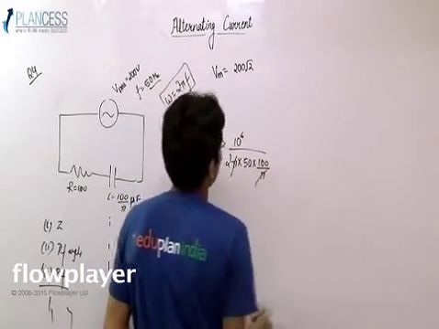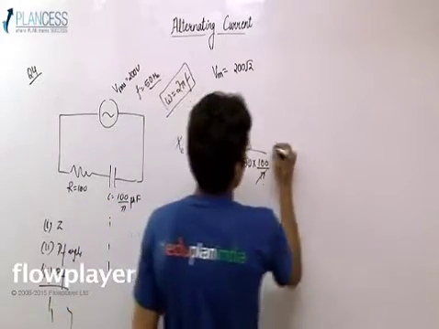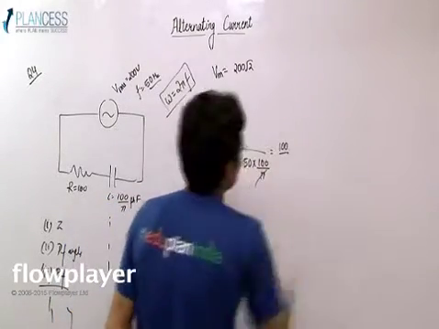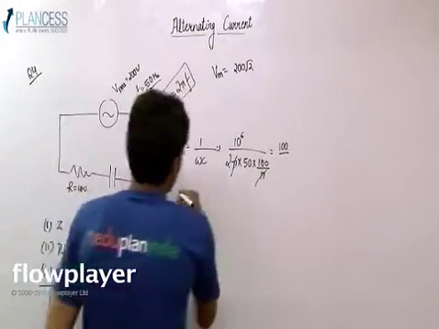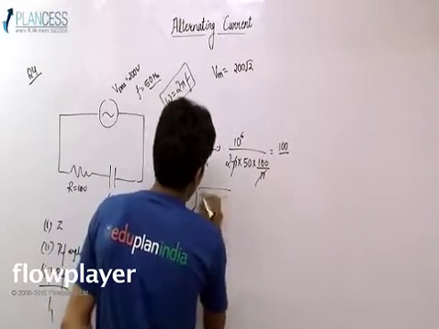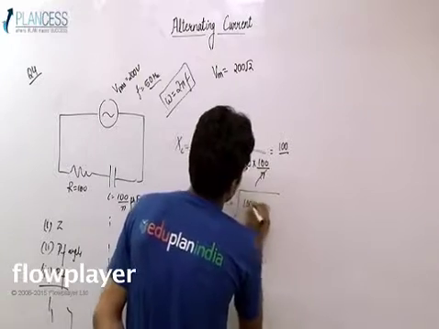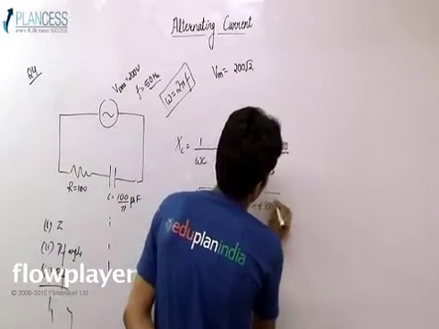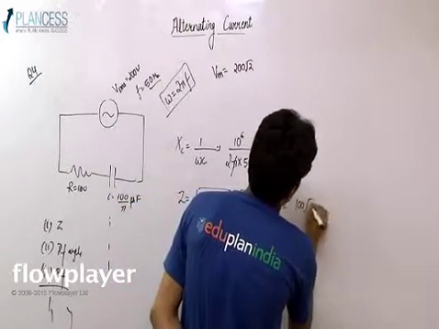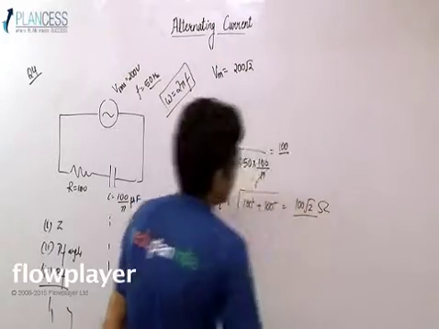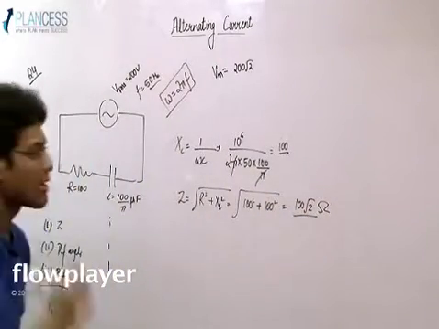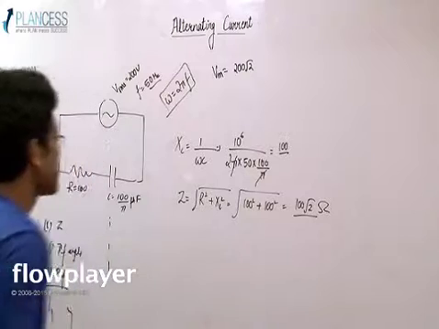Pi gets cancelled out, so Xc comes out to be 100. So impedance Z equals root over R square plus Xc square, which equals root over 100 square plus 100 square, that would be 100 root 2 ohm.